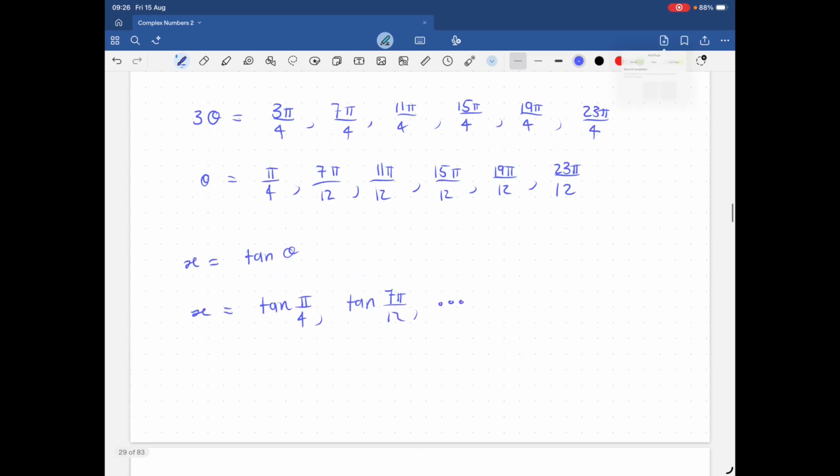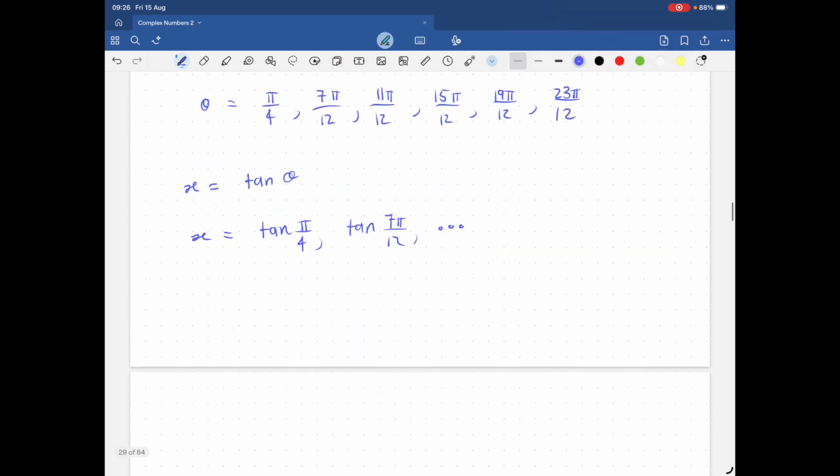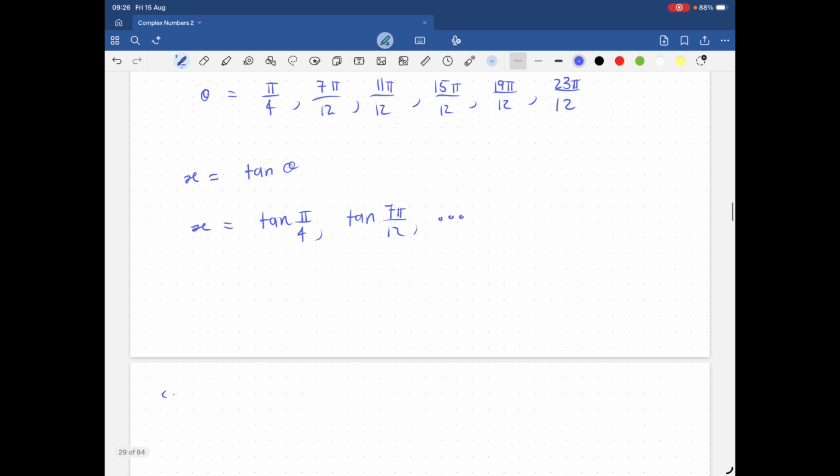And the next part wants us to prove that tan of pi on 12 times tan of 5 pi on 12 is equal to 1.